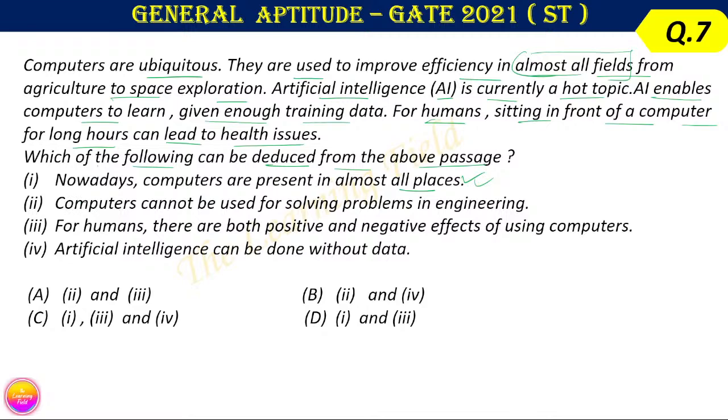Statement 2 says that computers cannot be used for solving problems in engineering. No, it is not given in the above passage, therefore we can't say. The word engineering is not present in the passage, but engineering is also a field, and it says almost all fields, therefore it can be assumed that computers are also used in the field of engineering from the given passage.